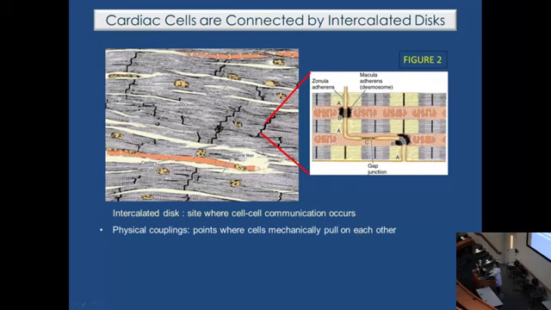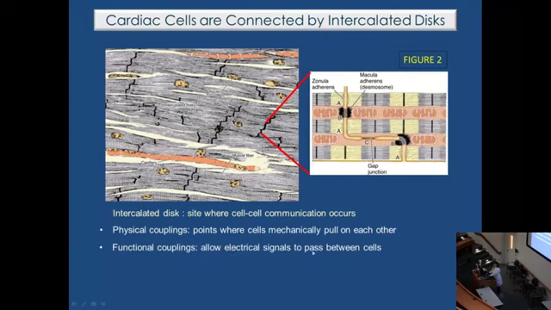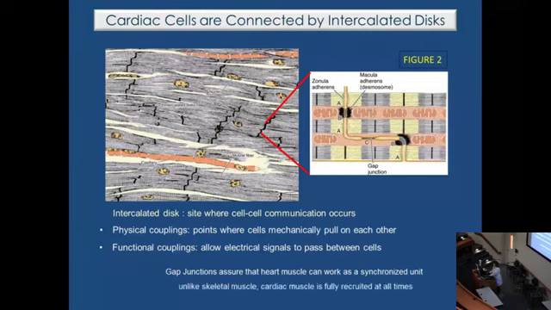So we have another type of connection that is showing here as the gap junctions. So the gap junctions are considered as functional couplings because they allow the electrical signals to spread between the cells, right? So then we know that the presence of the gap junctions assures that the heart muscle can work as a synchronized unit. I'm talking about as a syncytium, right?